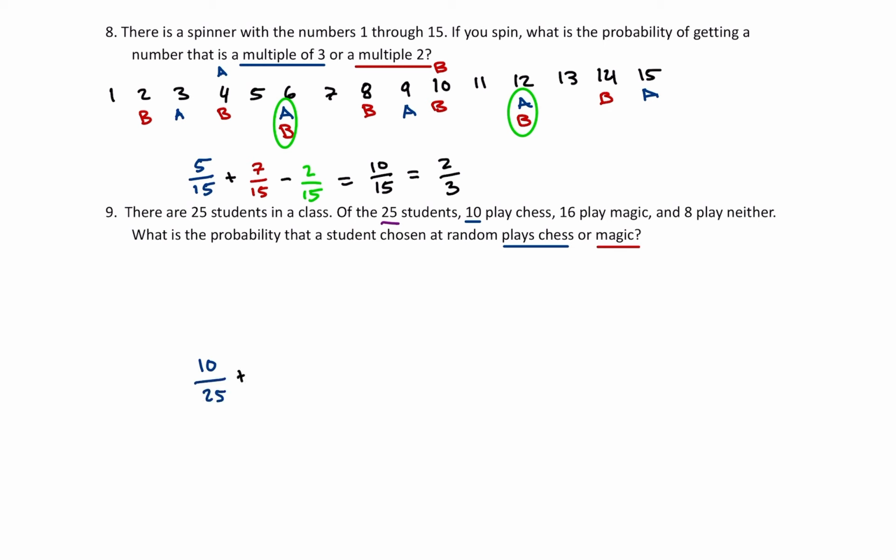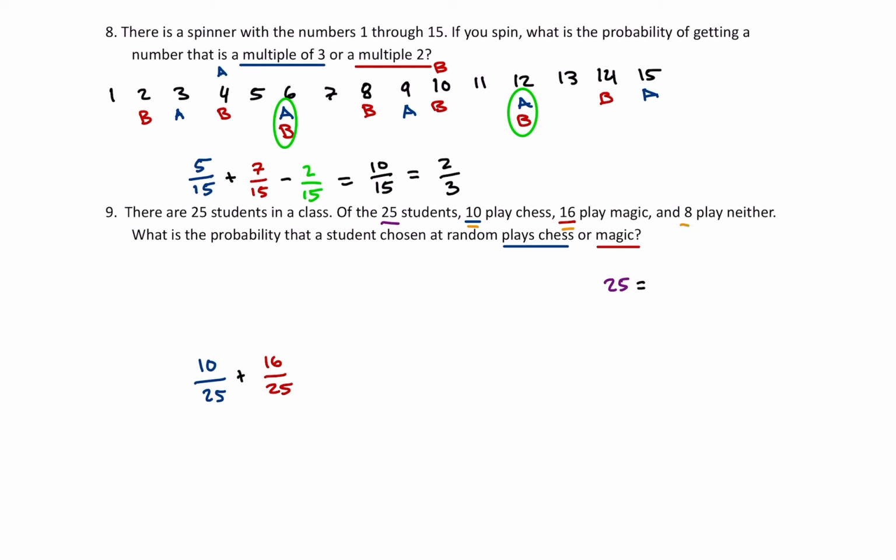I'm going to add that to my next probability. How many students play magic? 16 play magic. Okay, so 16 over 25. Now the question, are these two events mutually exclusive or not? Well, if we remember back to that rule that we were talking about earlier, my total, or 25, should equal all of my other numbers added together.